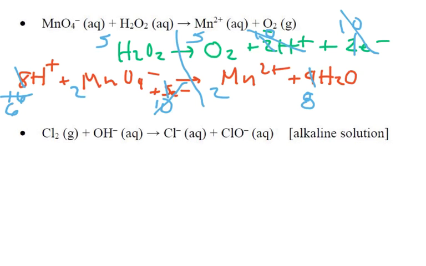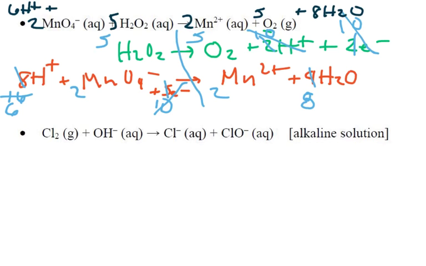So I have 6 H pluses, plus I have 2 permanganates, and I have 5 H2O2s, and on the right side I have 2 manganese, and I have 5 O2s, and I have 8 H2Os.